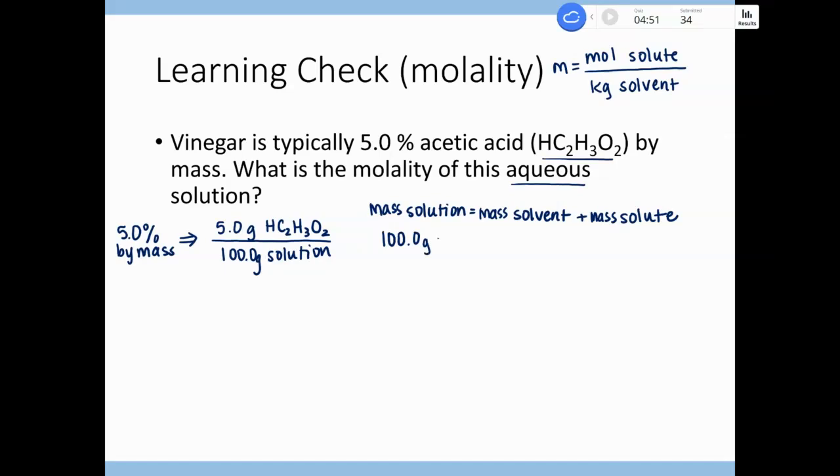So 100 grams solution equals mass of the solvent, so grams of the solvent, which we don't know yet, plus mass of the solute, which we set in that original fraction. So we have 5.0 grams of the solute acetic acid.